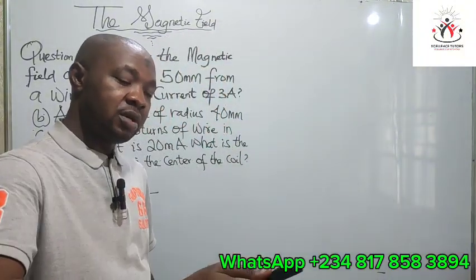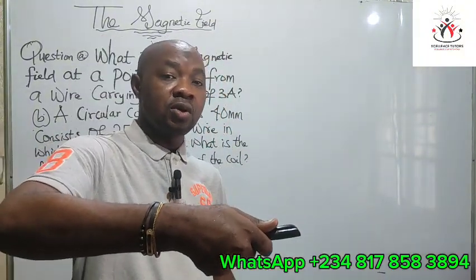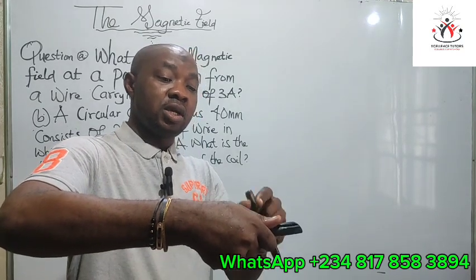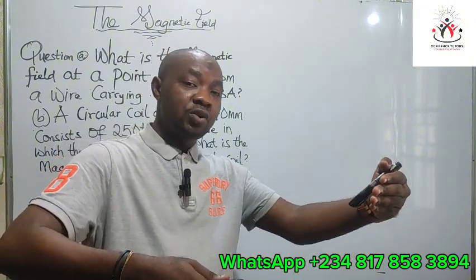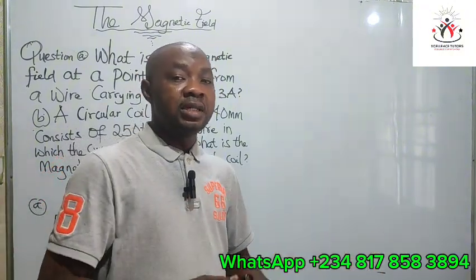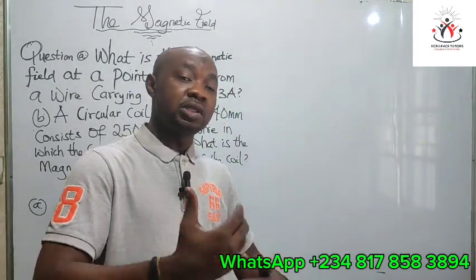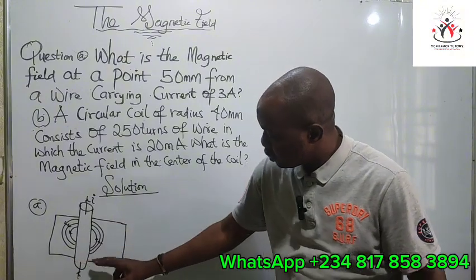When we grasp a straight conductor carrying current, with the thumb placed along the conductor and pointing in the direction of the current, then the direction of the coiled fingers will be represented using this line.